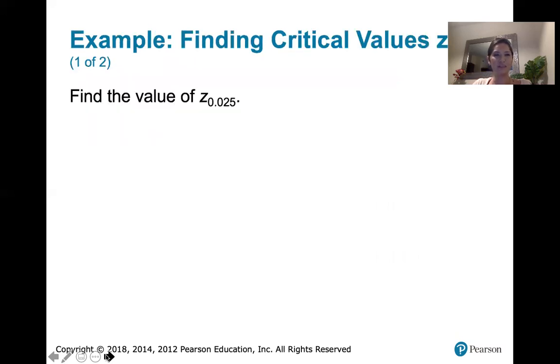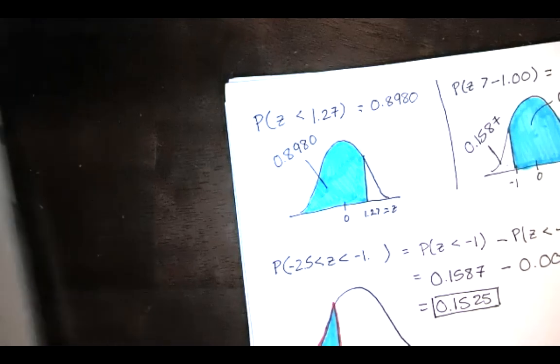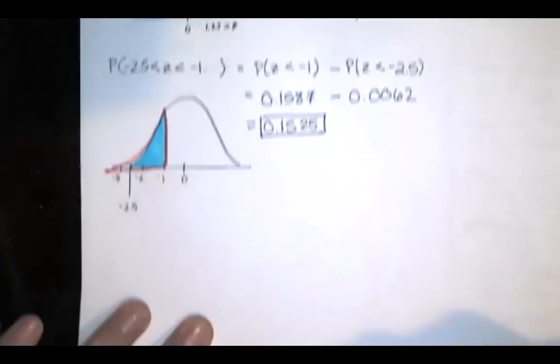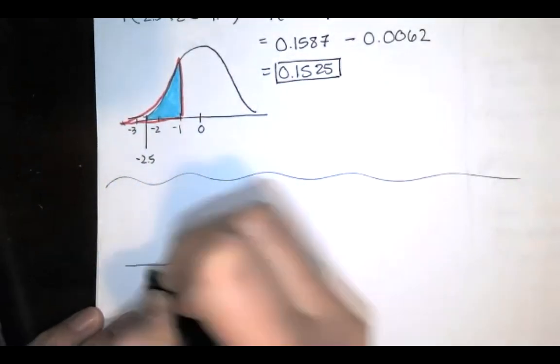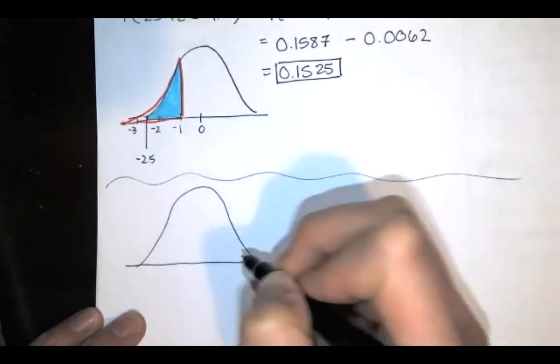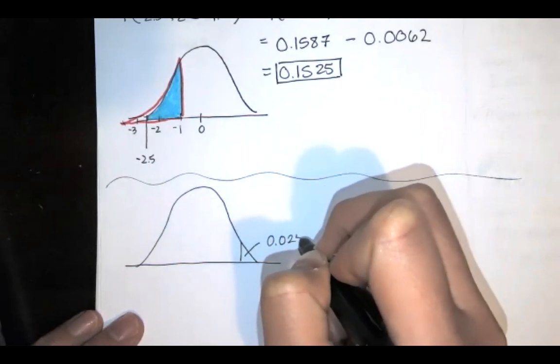So let's say someone asks you to find z sub 0.025. So they're just saying that alpha equals 0.025. The first thing that I would do is I would draw a picture. Just like this. And I want this area to be 0.025.